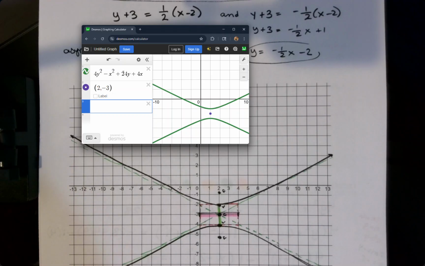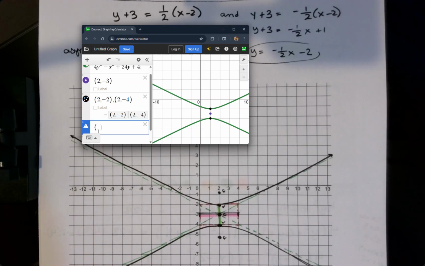Looks like it's in the right spot. The vertices were supposed to be at (2, -2) and (2, -4). Looks like they're in the right spot. And the foci were supposed to be at (2, -3 plus the square root of 5) and (2, -3 minus the square root of 5).